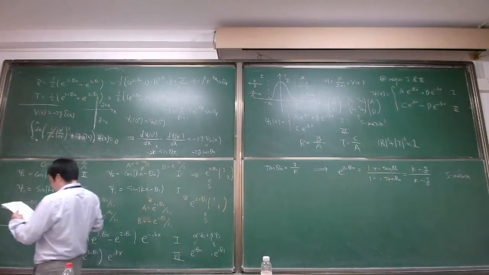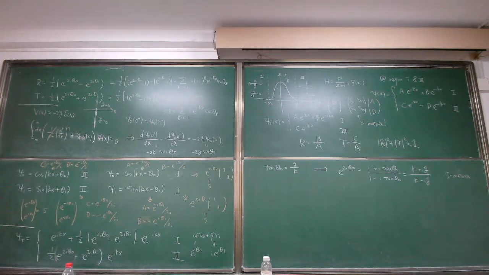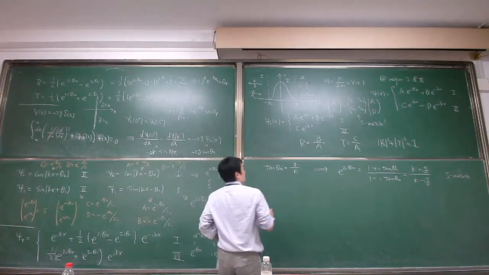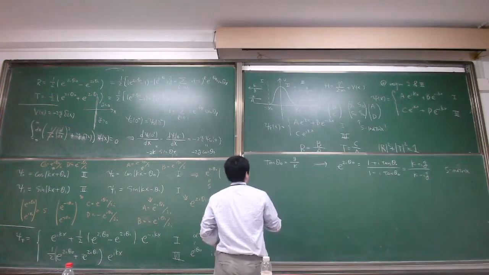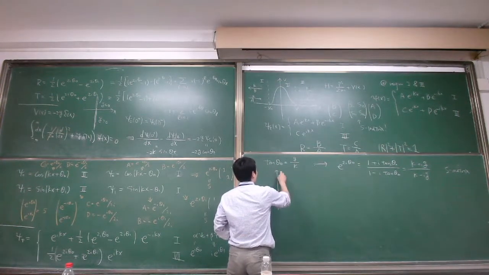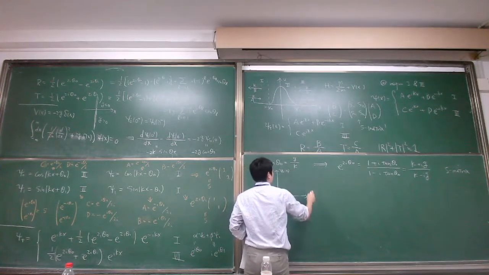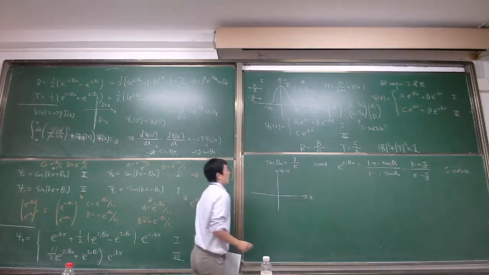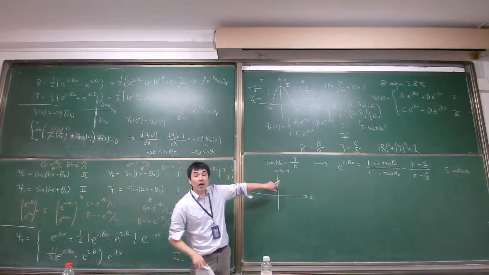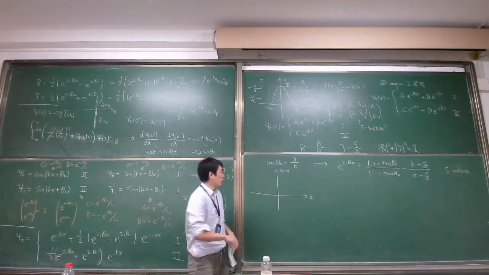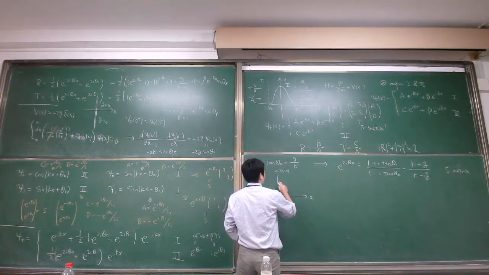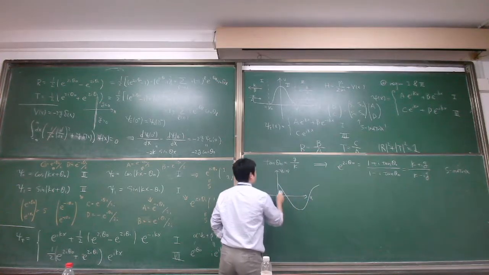And now for the odd case, the wave function essentially takes the following form. So psi naught of 0, and then x. Of course there's a discontinuity at the origin, but essentially you have something like this kind of wave. It's hard to draw.